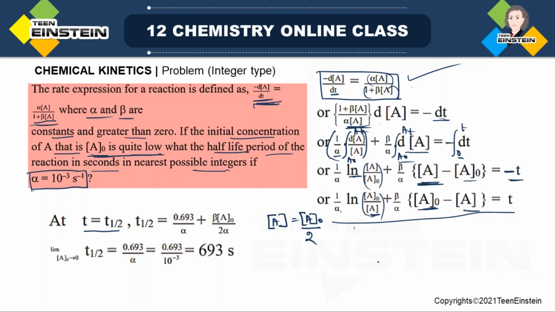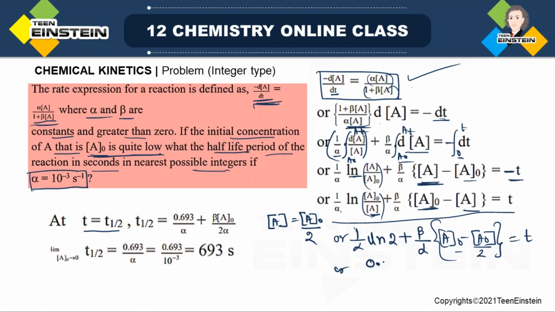So if you put A naught by 2 here, it will be converted to ln 2 by alpha plus beta, then A naught minus A naught by 2. Now A naught minus A naught by 2 is also A naught by 2. So ultimately what we are getting is ln 2 value, 0.693, divided by alpha plus beta into A naught divided by 2 alpha, equal to t.